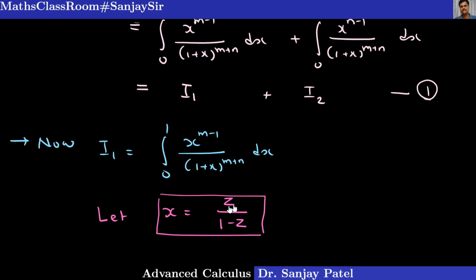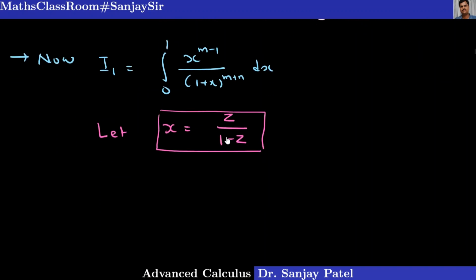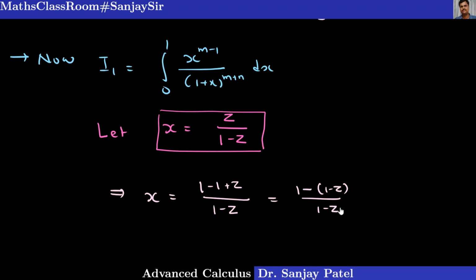Then, by adding and subtracting 1 in the numerator, I can write x equal to (1 minus 1 plus z) upon (1 minus z). Then I can rewrite this as (1 minus z) upon (1 minus z), just to make the computation simple.